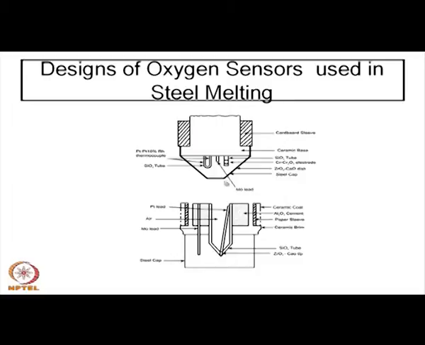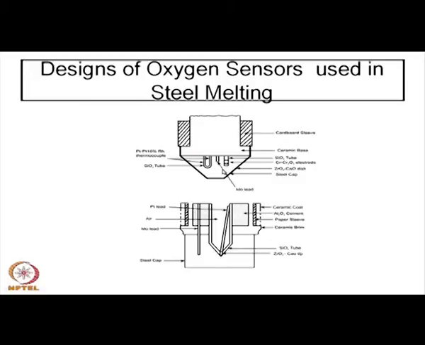One side is connected to the molten steel, the other side there is an electrolyte, there is a reference electrode, and in this case the reference electrode is not nickel oxide, it is actually chromium oxide. So, it depends on what kind of partial pressure of oxygen you are expecting in steel.